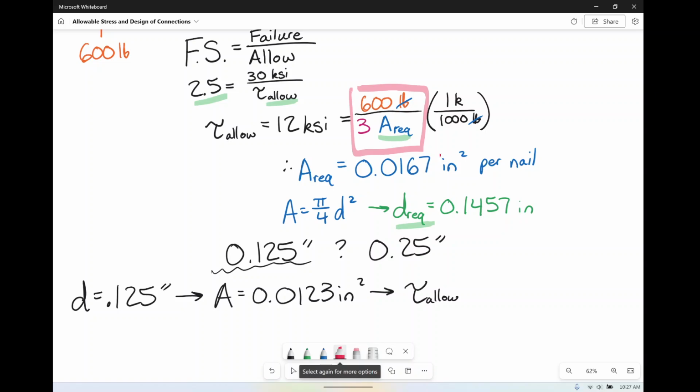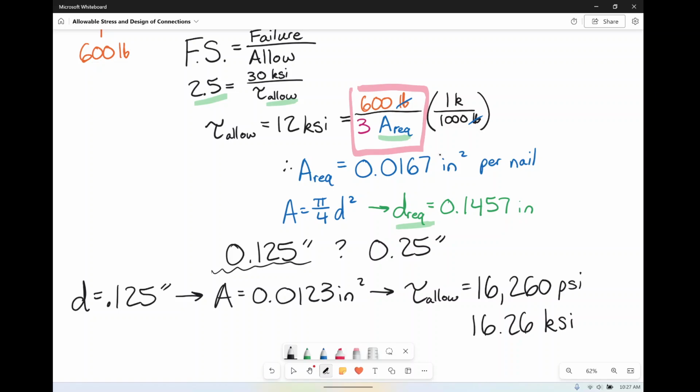You just have 600 divided by 3 and divided by that area, which is 0.0123 inches squared. So we're going to get an allowable stress value of 16,260. And of course, that was pounds, 600 pounds divided by 3 divided by that. So that's PSI, which is technically 16.26 KSI.